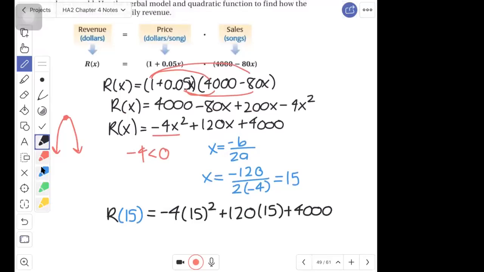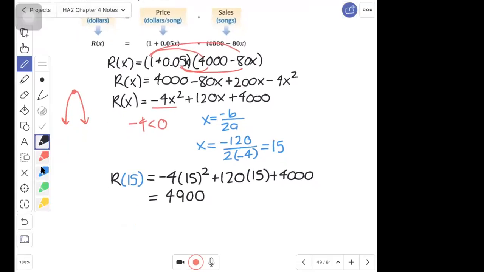When you take 15 squared and then multiply that by negative 4 and continue to solve, you'll end up getting 4,900. So that means our vertex, which is our max, is 4,900.